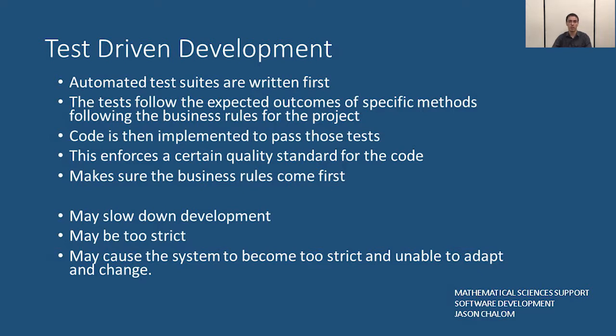There are downsides to this approach. It may slow down development. It may also be too strict, as you are doubling the work of the team. And also, it may not adapt quickly enough to a changing environment if the product is relatively new in concept.